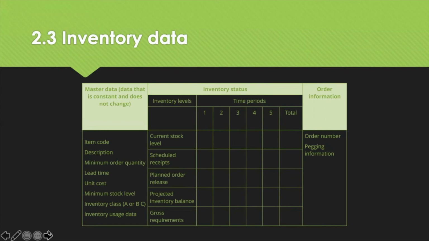Any change in demand or supply will have a corresponding effect on the other. So hard pegging does not allow stock reserved for a specific order to be used to satisfy another. But soft pegging will allow the supply to be linked to multiple demands. Any change in the sales order will be notified to the procurement department, but no action will be taken to alter the purchase quantity.